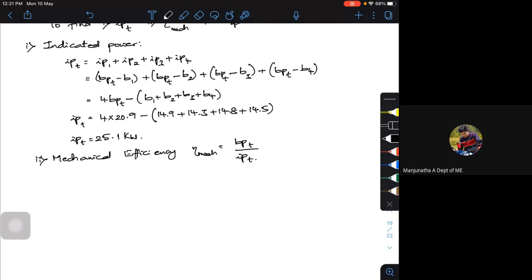In the numerator it is 20.9 divided by 25.1, both in kilowatts, so the powers of 10 cancel. I am getting around 0.8326, that is 83.26 percent, which we can round up to 83.3. So this is the mechanical efficiency.